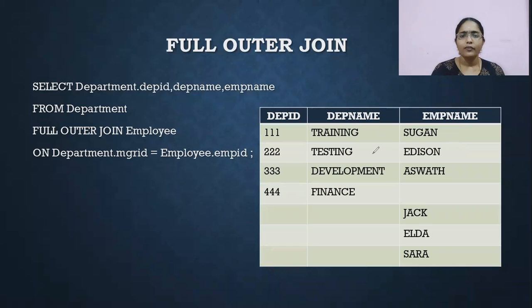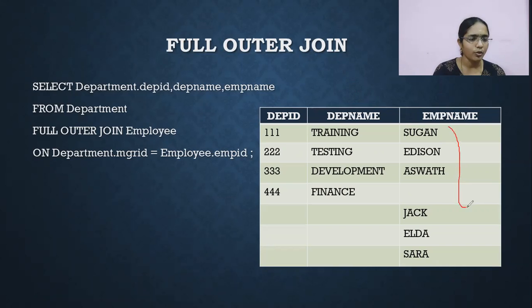Once you apply a left outer join, all the values of the left table and the matching values of the right table are fetched. In the same way, with a right outer join, all the values of your right table and the matching values of your left table are fetched. In case of full outer join, all the values from both tables are fetched irrespective of matching.